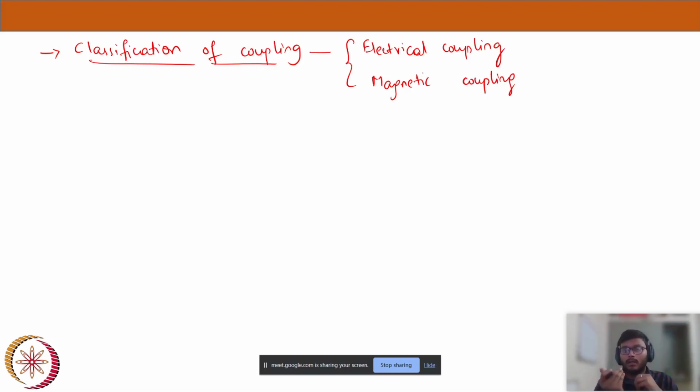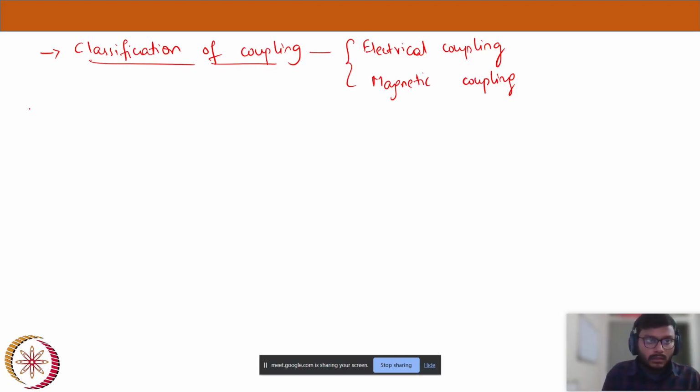That was maybe the first time you were looking at electric coupling and magnetic coupling, so I understand you must have faced difficulty. That's why we are discussing the very basic case from now, because today we will see what exactly electrical coupling means and what exactly magnetic coupling means. Then maybe you will not have any problem understanding it.